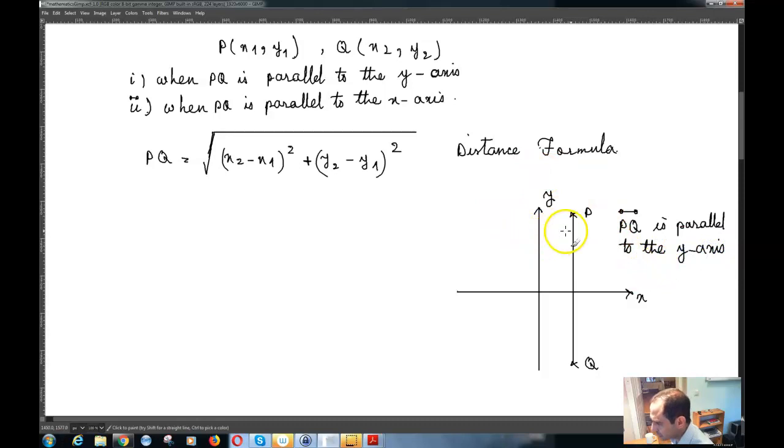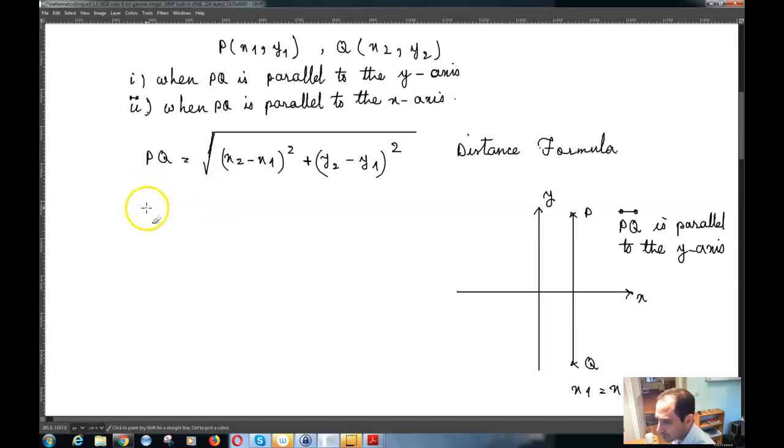Now when that's the case, of course you see that there is no difference between your x's, meaning that x1 is equal to x2. In this case x1 is equal to x2, and since x1 is equal to x2, of course their difference is going to be 0, and 0 squared is going to be 0.